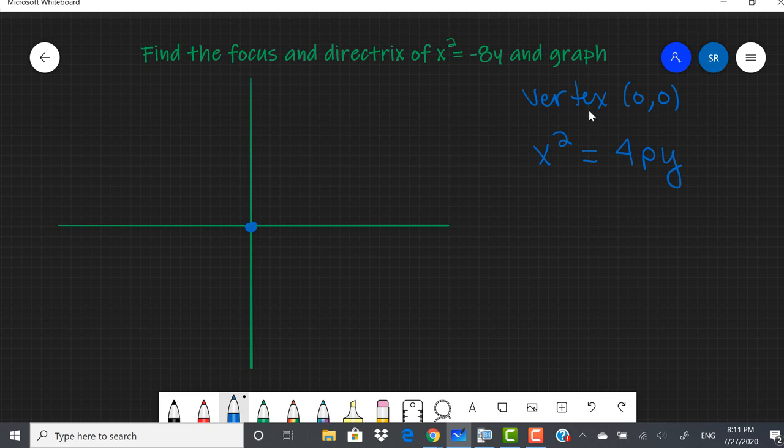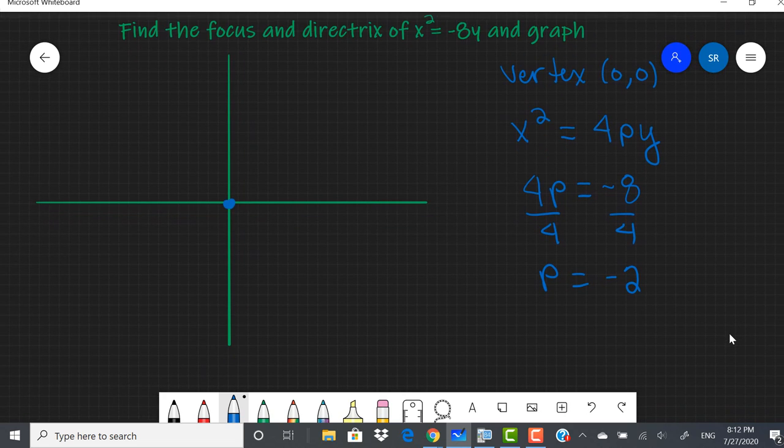So we know my 4p has to equal the negative 8 from our equation in this example. So we're going to solve for p and get p equals negative 2. So then from here, I know that my value has to be 0, negative 2.